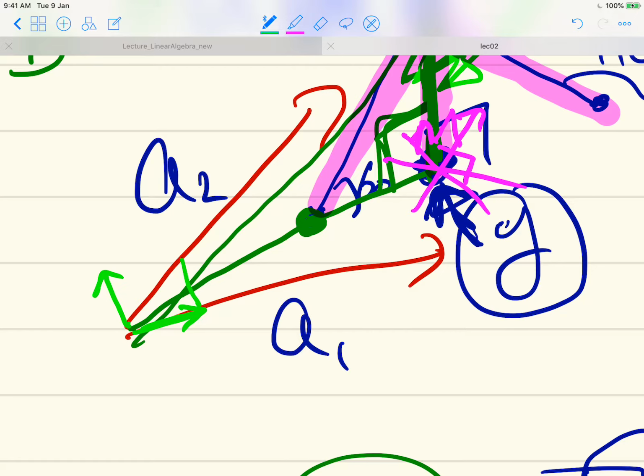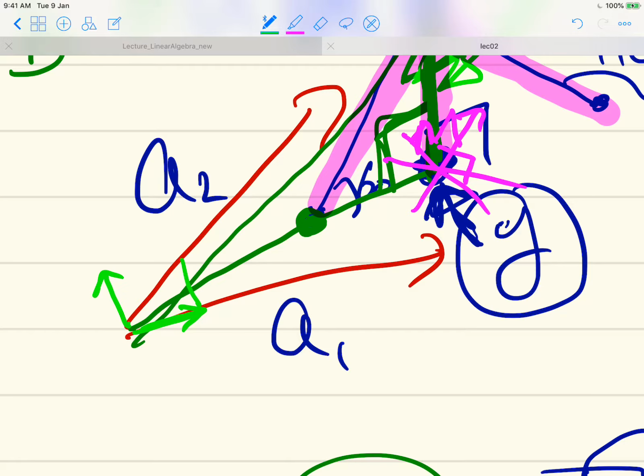And then how about the subspace spanned by the original two vectors A1 and A2, and the subspace spanned by these two orthonormal versions? The subspace, or the plane, will be the same, right? The subspace spanned by A1 and A2, and the subspace spanned by these two bright green vectors, will be exactly the same.